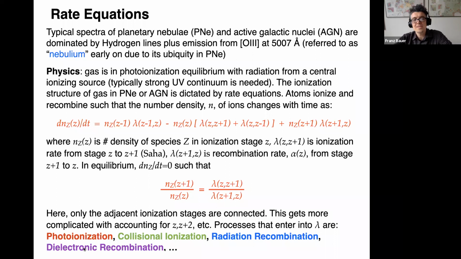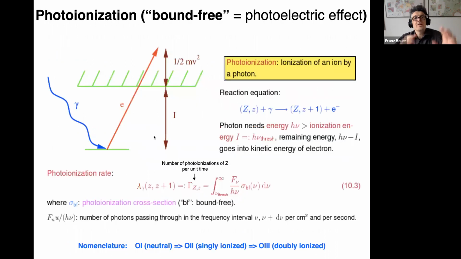And you also have something called dielectronic recombination, which is a type of recombination. And so we're going to go through these in a little more detail to demonstrate how we would calculate something related to that. So the first one is the one from the example, which is photoionization.